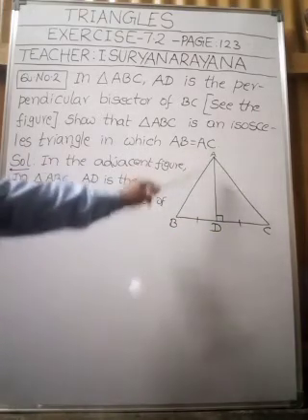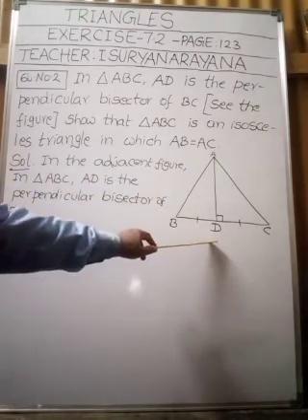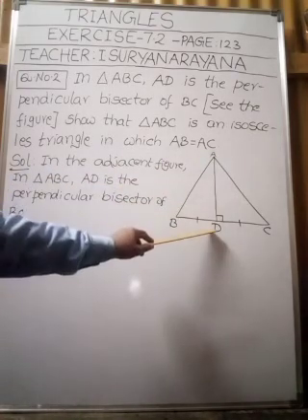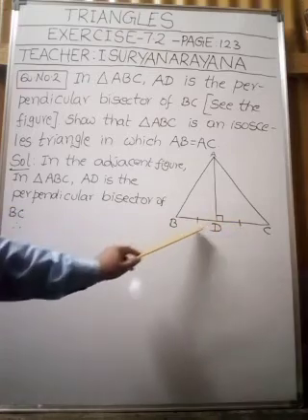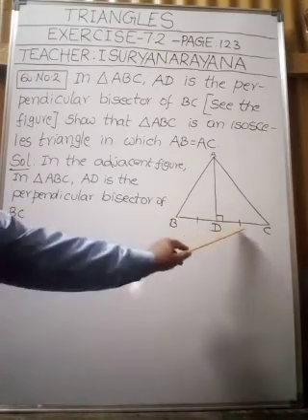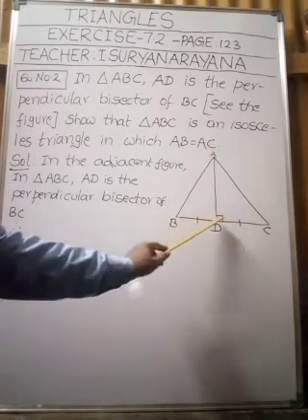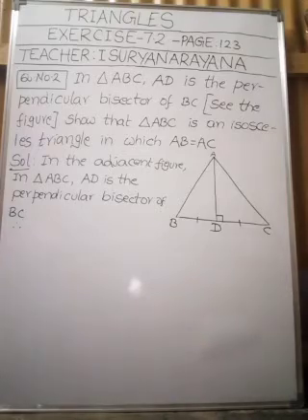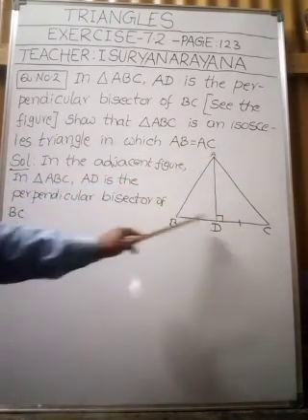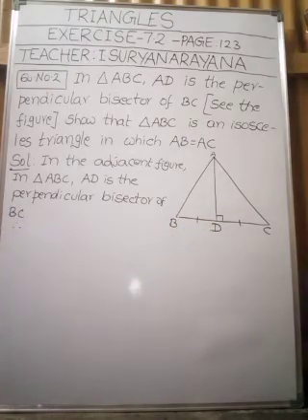Okay, my children. So here AD is a perpendicular bisector, means this line AD is dividing the line segment BC into two equal parts, means BD is equal to DC. Understood this point, my children? And moreover, AD is perpendicular to BC. You have to remember these 2 points.